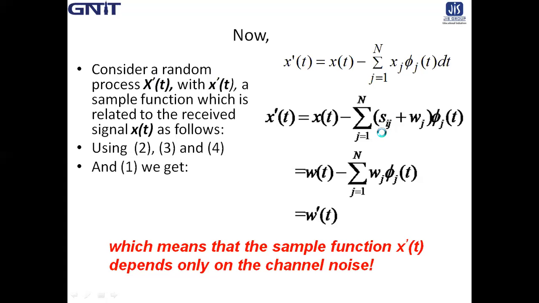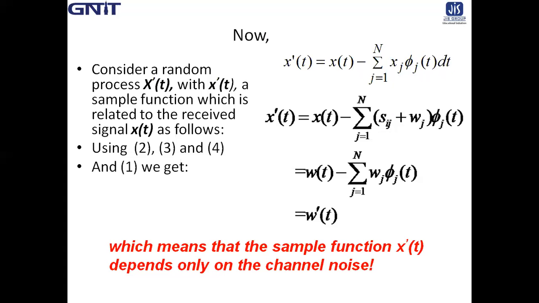Consider now a new random process x dash t, whose sample value x dash t is related to the received signal x(t) as x dash t is equal to x(t) minus the summation of j equal to 1 to N of xj phi j(t).